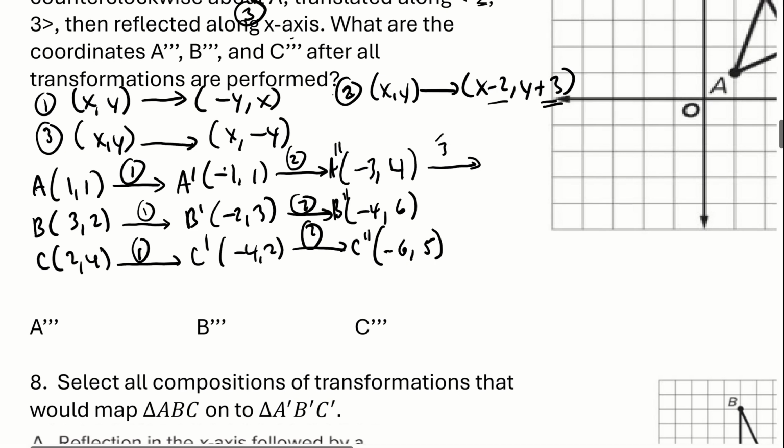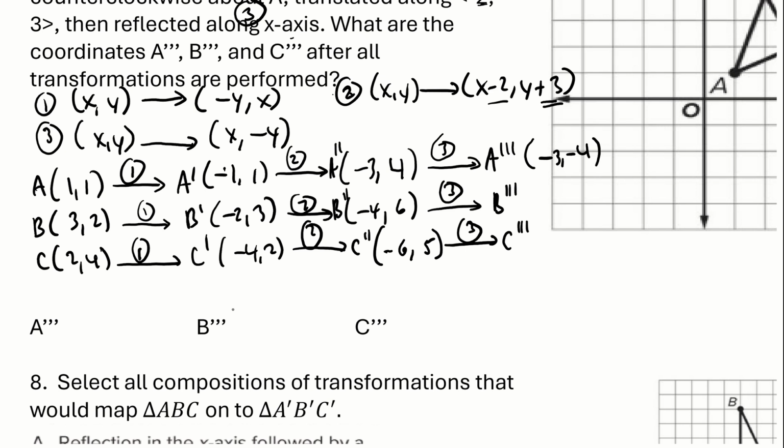All right, now we're going to do the final transformation. So this is A triple prime, B triple prime, C triple prime. So now we're going to do the third transformation. So that means we just put a negative on the y. So negative 3, negative 4, negative 4, negative 6, negative 6, negative 5.